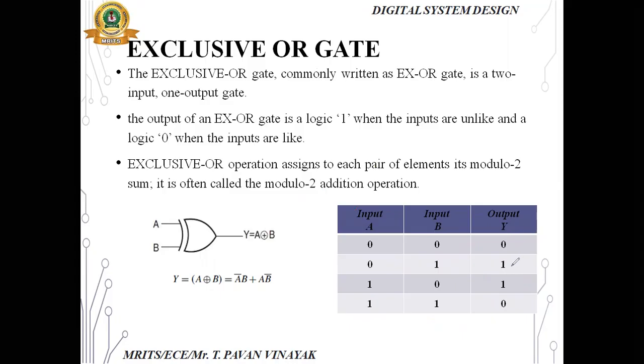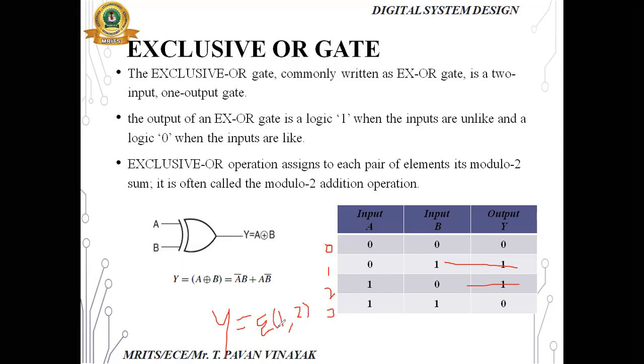Here ones are available at index 1 and 2. We know that indexes are 0, 1, 2, 3. So 1 is available at which index? 1 and 2. Okay. So output Y can be written as sigma 1 comma 2.